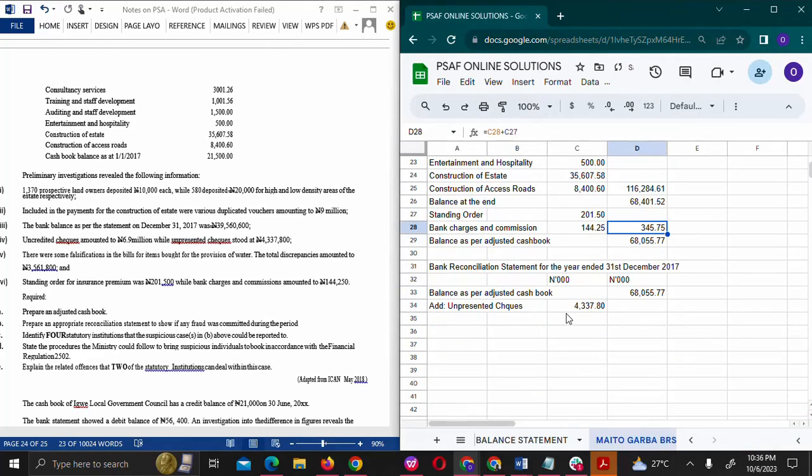Right, so all figures are in thousand. Less uncredited checks. How much is the uncredited check? 6,900.